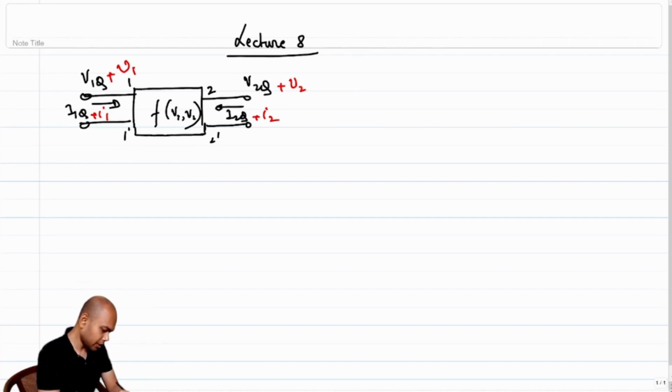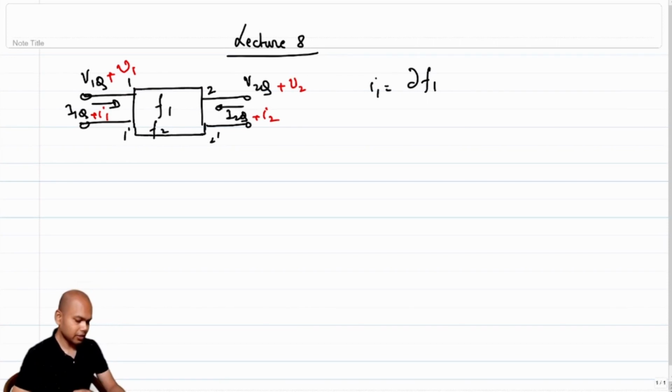So we could represent I1 as del F1. Let me simply write these nonlinearities as F1 and F2, with the understanding that both F1 and F2 are functions of V1 and V2, right?